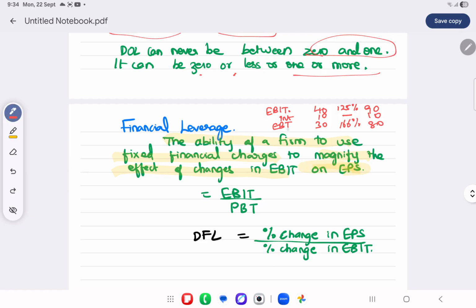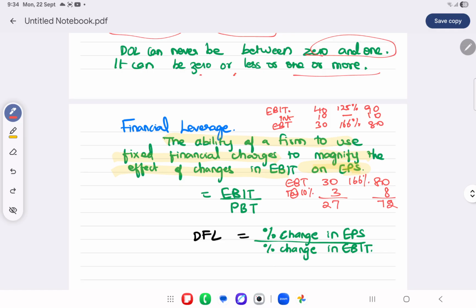Suppose we have EBT of 30 and 80. If the tax is at 10%, we have 3 and 8 rupees. So it is 27 and 72. How much is this change in EBT? 166%.